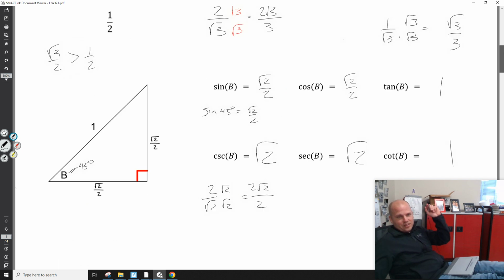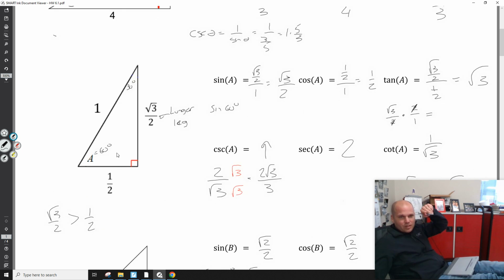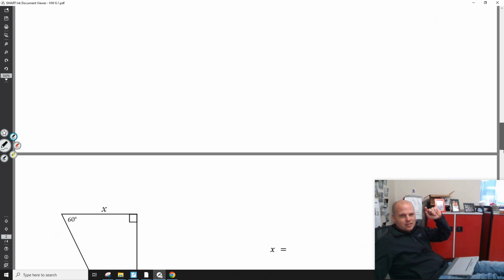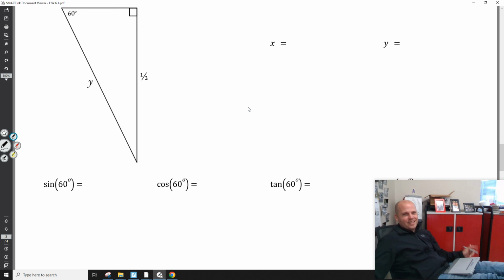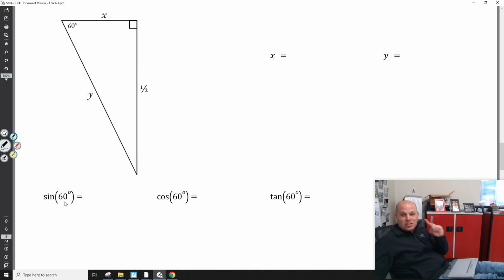Boom, look at this triangle. That's 60 degrees. They're trying to trick you here. You should know what this is. If you remember, for a tall 30, 60, 90 triangle, and you have to have these memorized, the hypotenuse was 1, the tall side length is the longer leg length, root 3 over 2.